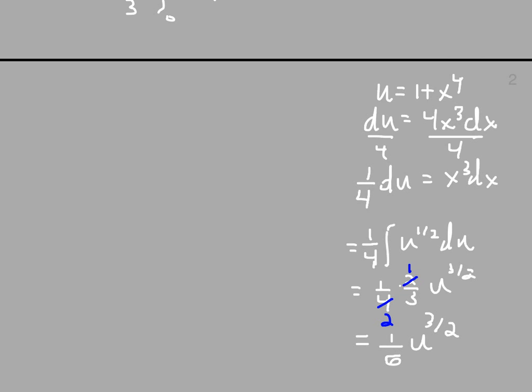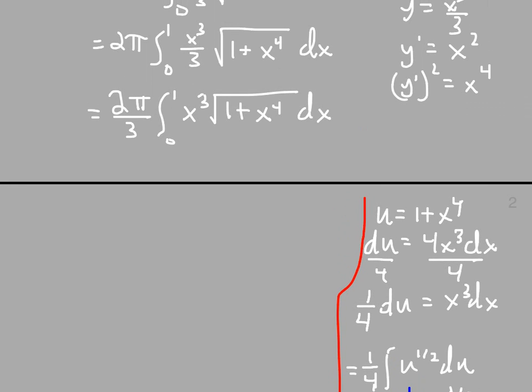So now going back, we have 2 pi over 3, and now we have 1/6 1 plus x to the 4th to the 3/2 power evaluated from 0 to 1.